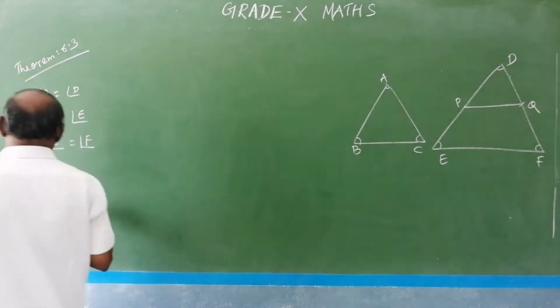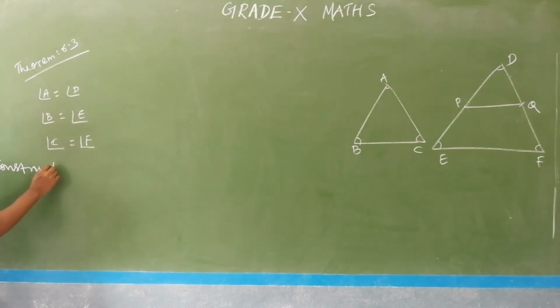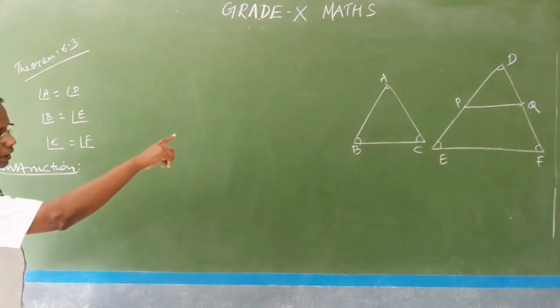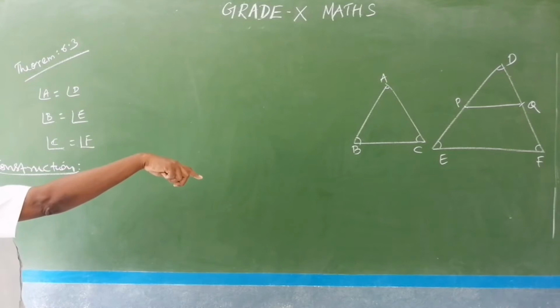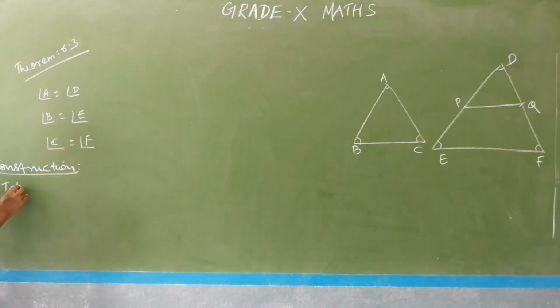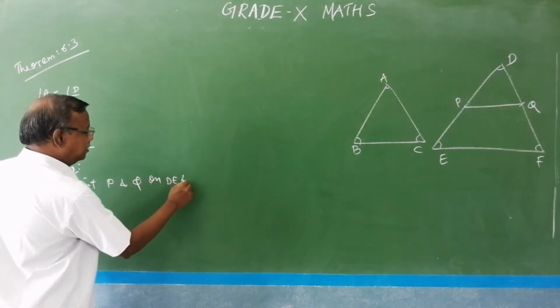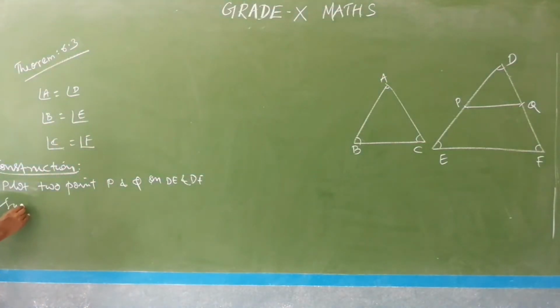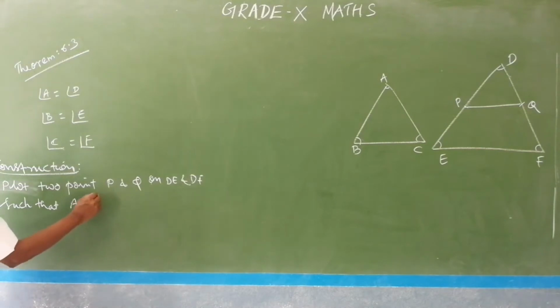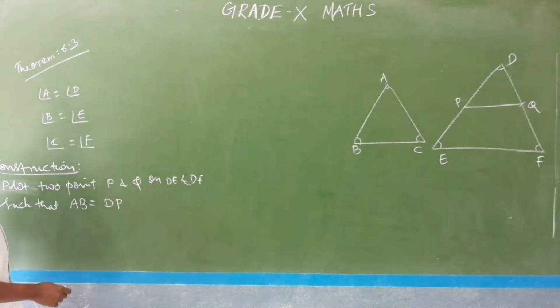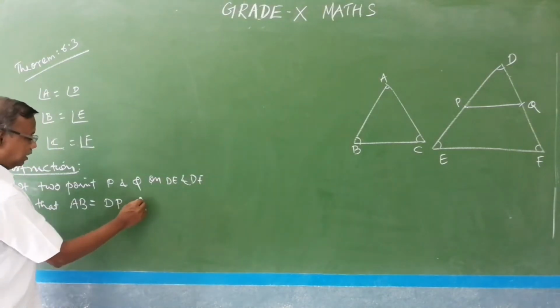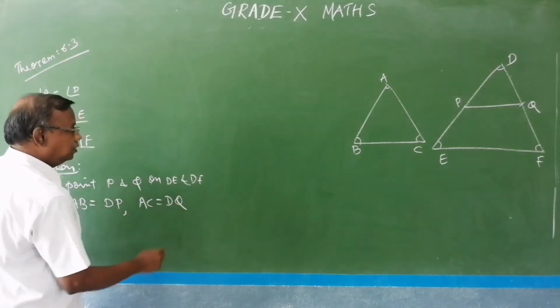So, construction: plot two points P and Q on the sides DE and DF such that AB equal to DP and AC equal to DQ.